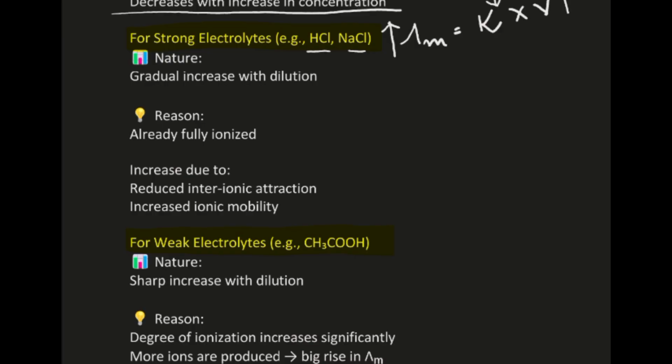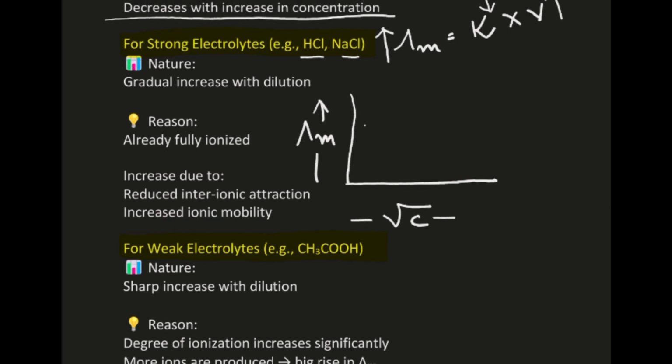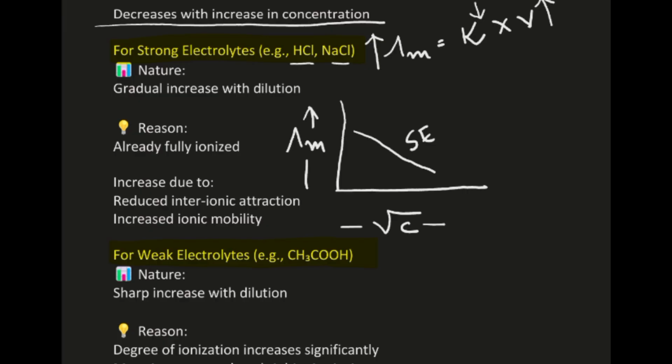So if I plot lambda m versus the concentration factor root c, then we will see that this is the nature of the plot for a strong electrolyte. Why is it so? Because when I move from right to left on the concentration axis, I am decreasing the concentration, and if concentration tends to 0, then that is called infinite dilution.